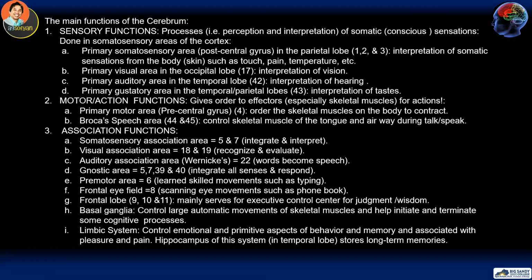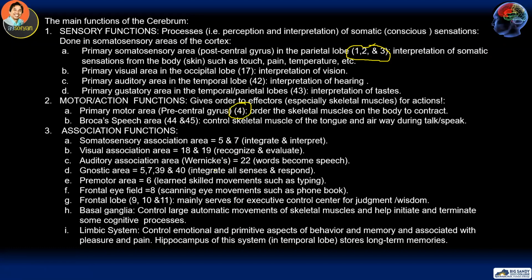So you can read this area and you can see the numbers over here, so you can connect with the previous picture. So 1, 2, 3 is the post-central gyrus. Remember, number 4 over here is the pre-central gyrus for actions.